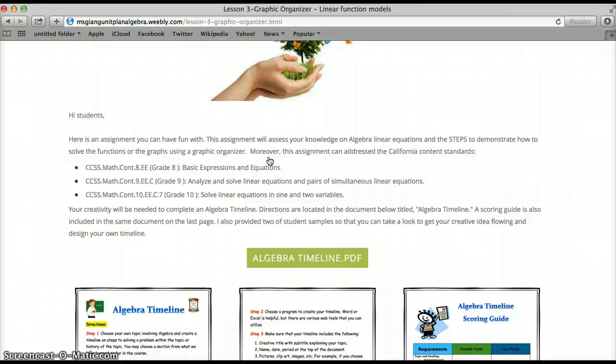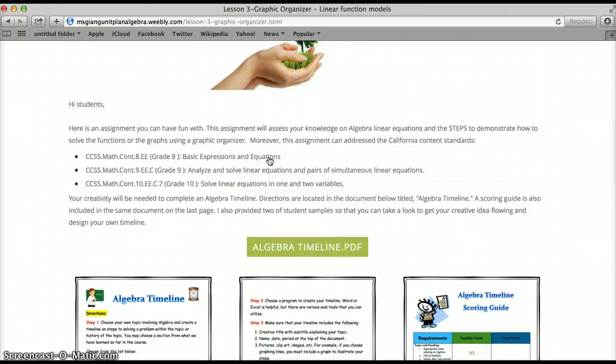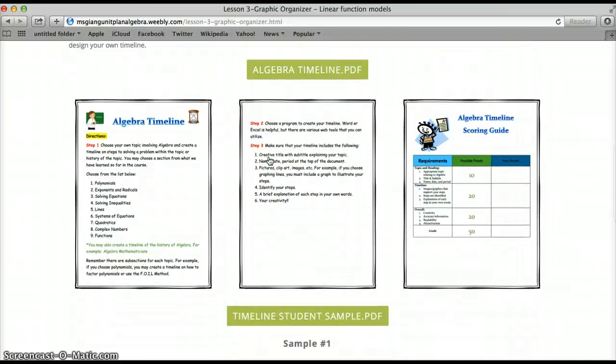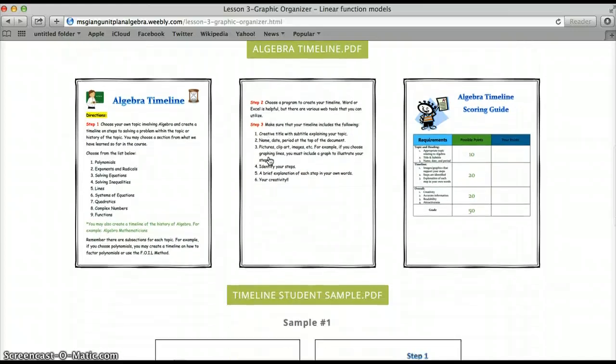This assignment addresses the California content standards for 8th grade, 9th grade, and 10th grade. So your creativity will be needed to complete this algebra timeline. I provide 3 pages of directions, and the last page has the scoring guide, and the total is 50 points.